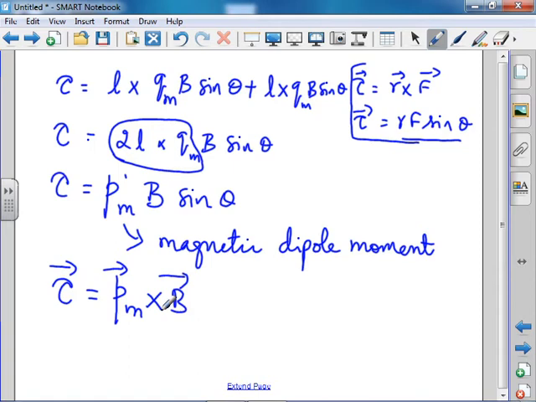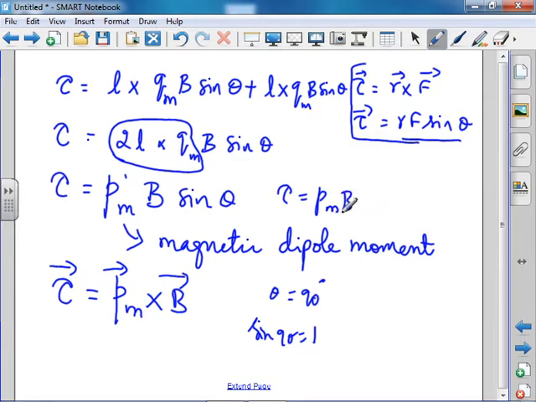Now the torque value is maximum when sin theta is equal to 90 degrees, because sin 90 is equal to 1. Then this equation will become tau is equal to PMB.